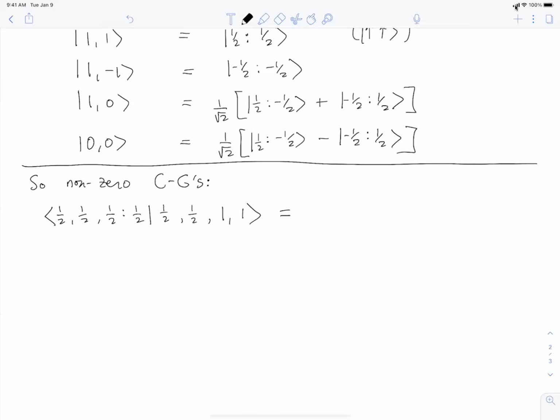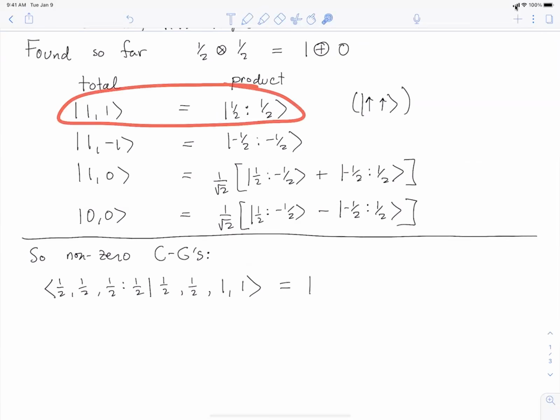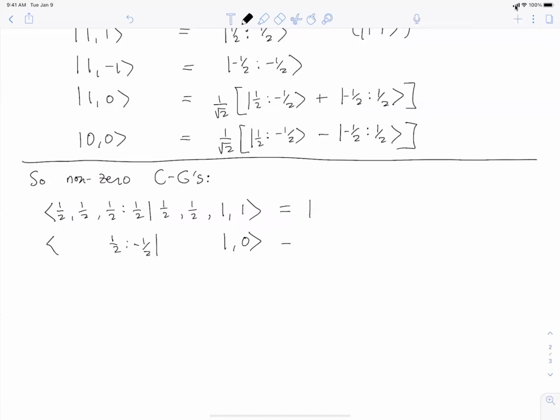And we read off here that that's equal to 1. That's just read directly from here. Okay, and then we do the others. I won't write the 1/2, 1/2 over and over again. Here I'll just write 1/2, minus 1/2 and 1,0. That's equal to 1 over square root of 2.